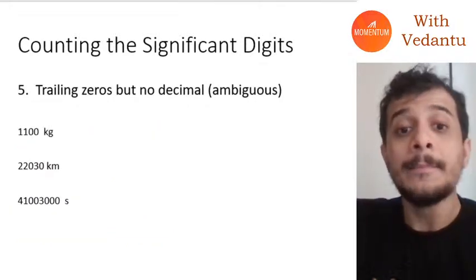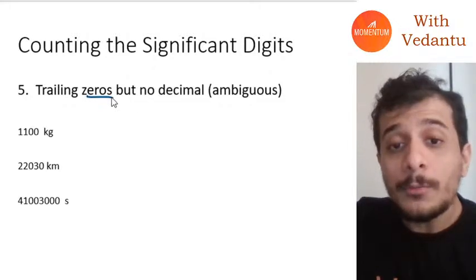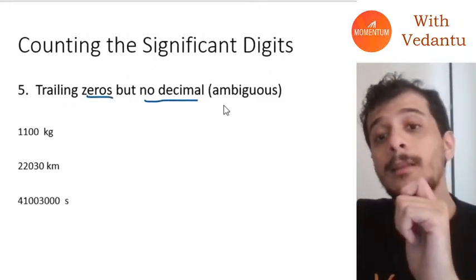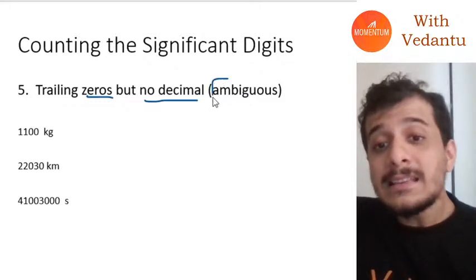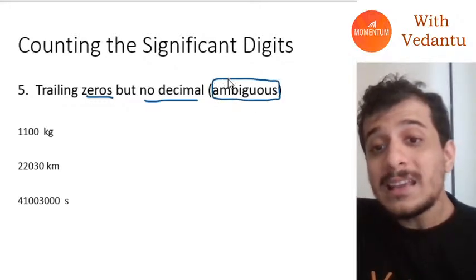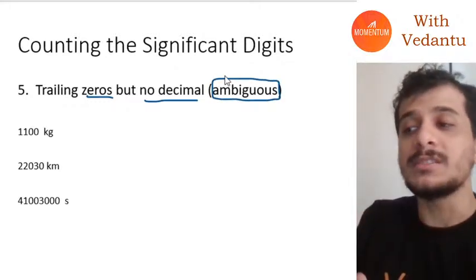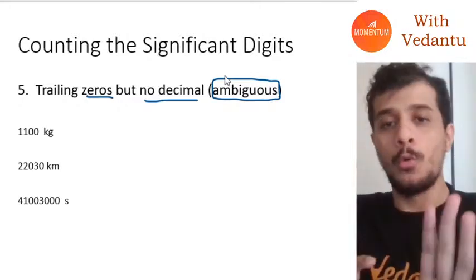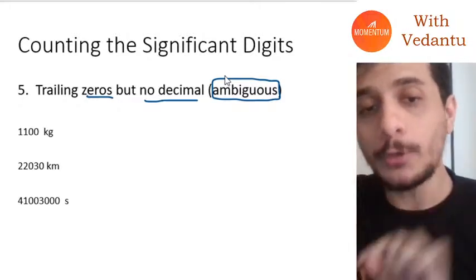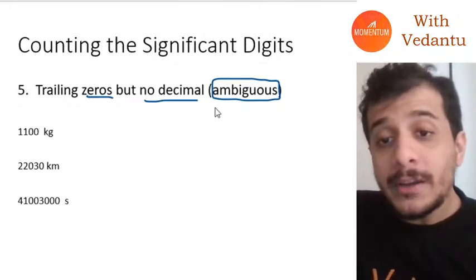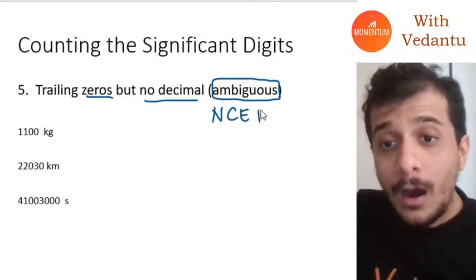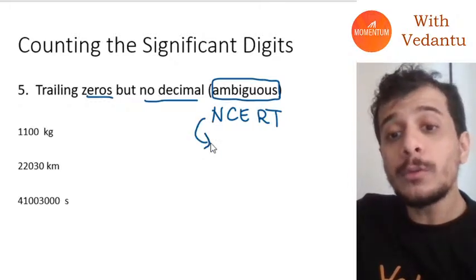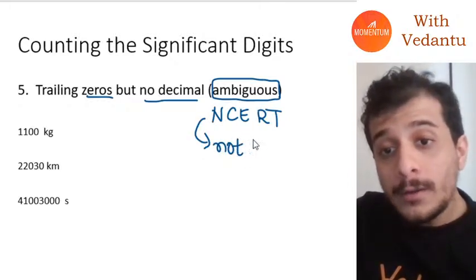Next is, if I have trailing zeros without decimal, then guys, in this case the situation is in general ambiguous, meaning we do not know whether it's significant or not. But according to NCERT, you have to take them as not significant.